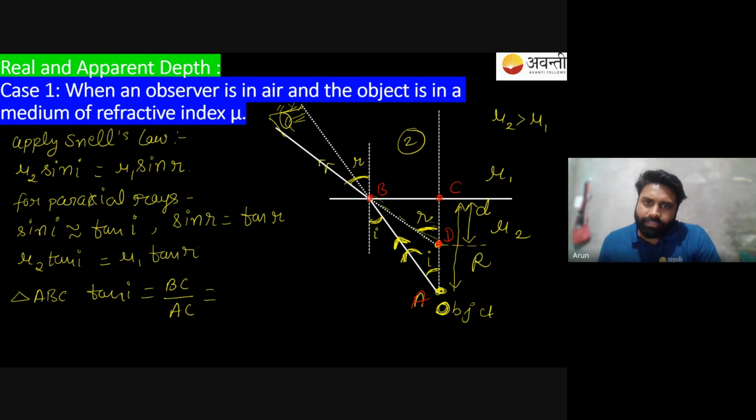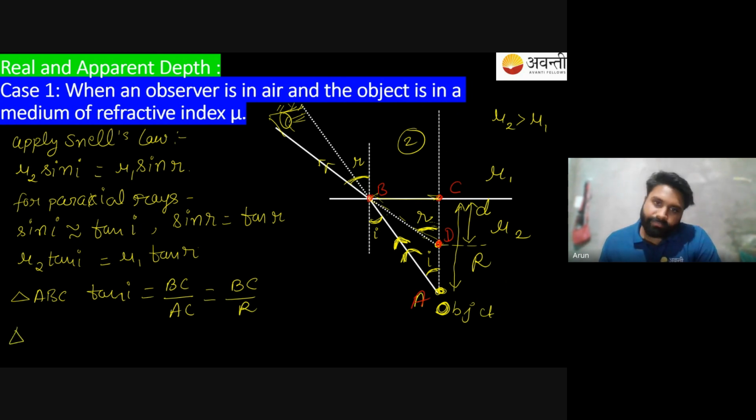BC is nothing but this shift. The value of this shift we would keep as it is. ठीक है, as it is. BC would be kept as it. And this base is CA, yeah, AC, and AC is the real depth, so it is R. So tan I here is BC over R.